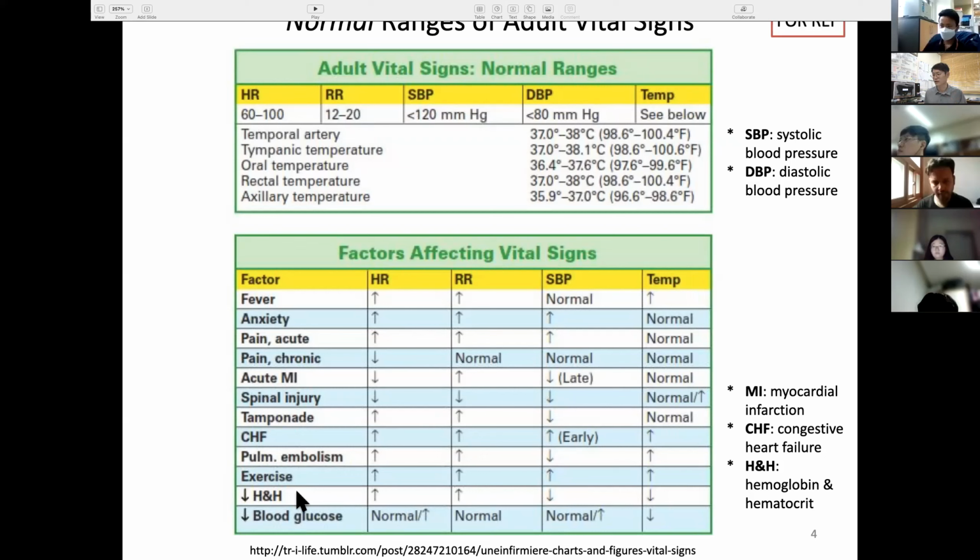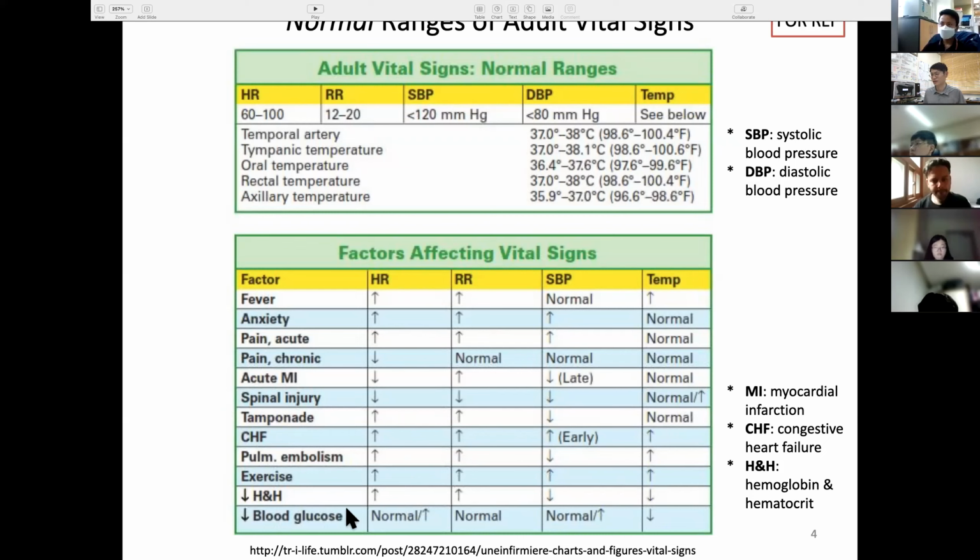For another example, when you are exercising, you need a lot of oxygen, so you increase your heart rate, increase your respiratory rate, and your systolic blood pressure and temperature too.